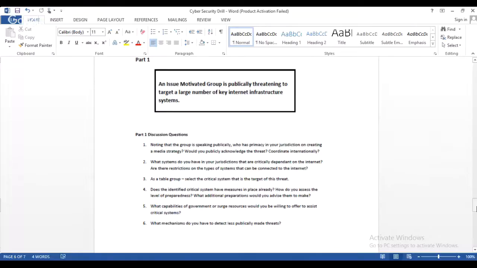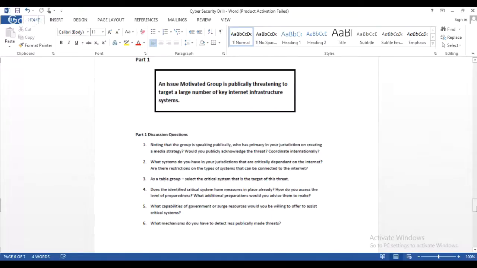Coordinate internationally? So the answer to that question is yes. Since the group is publicly threatening, it is better to acknowledge it publicly and take steps to harden the security measures to stop the group from achieving the target of the attack.